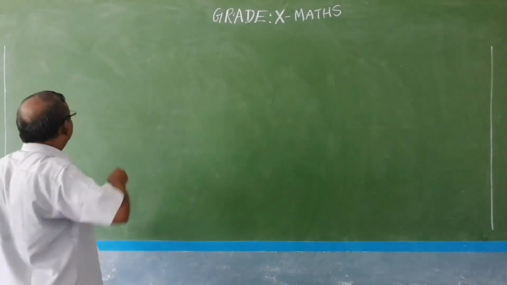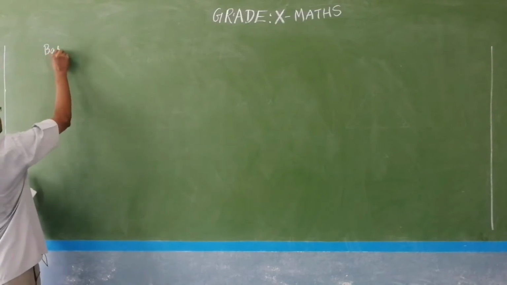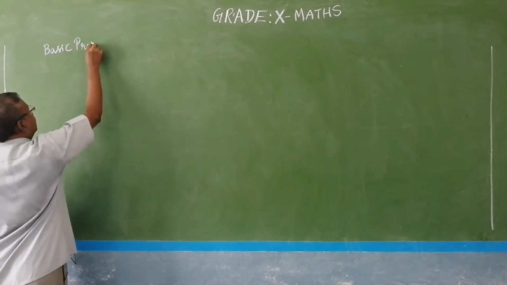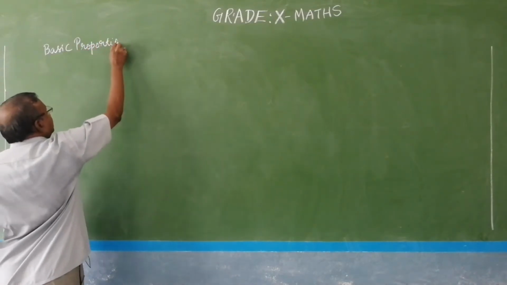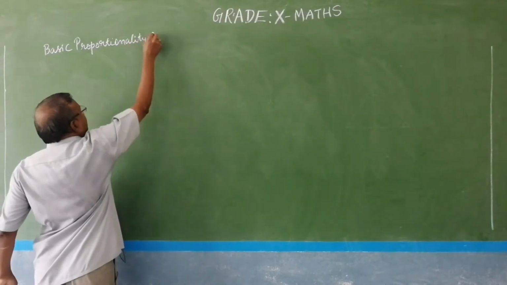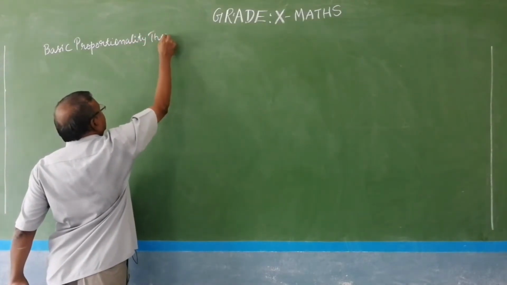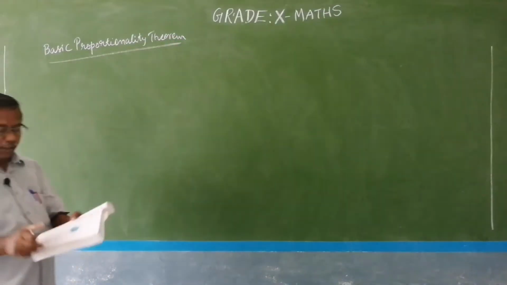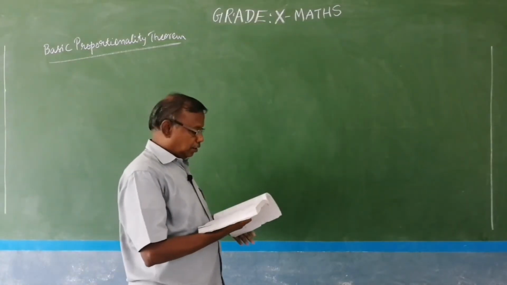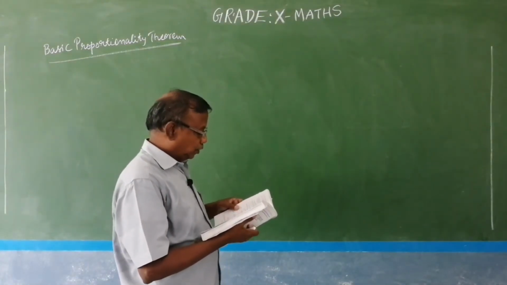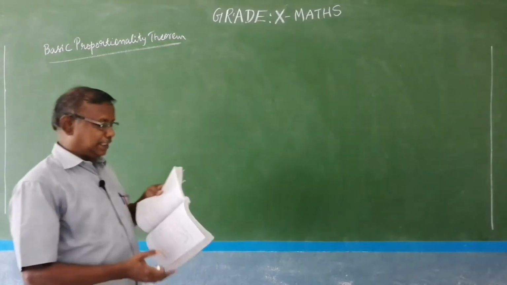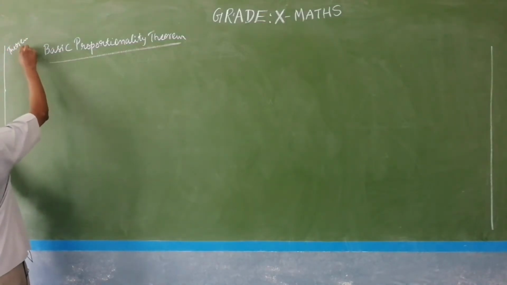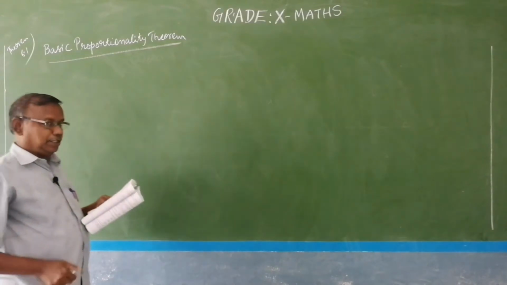On page number 124, theorem 6.1 as given in the book, the basic proportionality theorem.